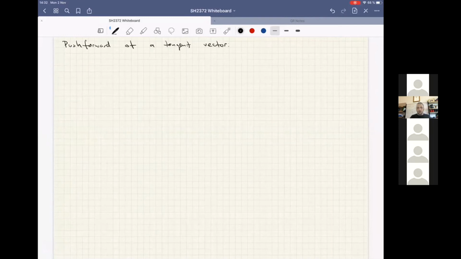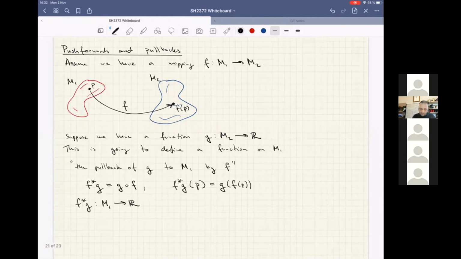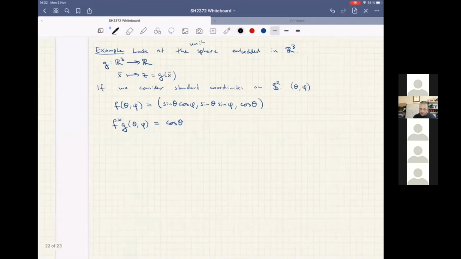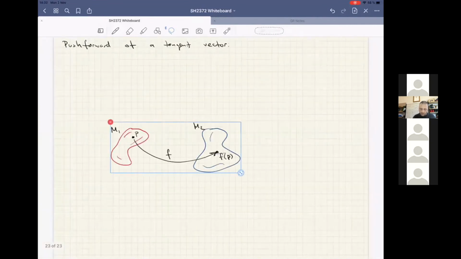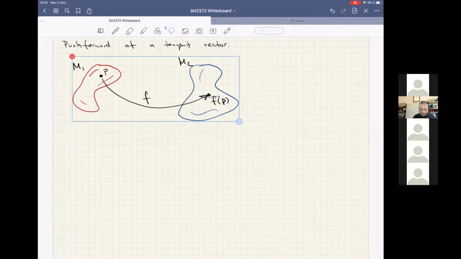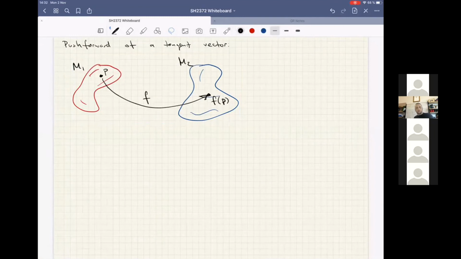Well, let me copy these drawings here just to have the same. What we had here was a map from M1 to M2.